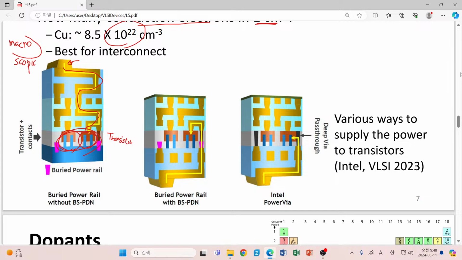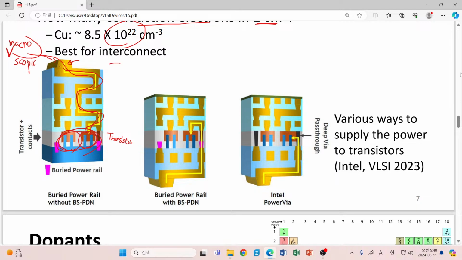For example, you must have a battery, and its tip should be connected to this top point. Once it is connected, then the voltage of your battery is just applied to your transistor in that way.